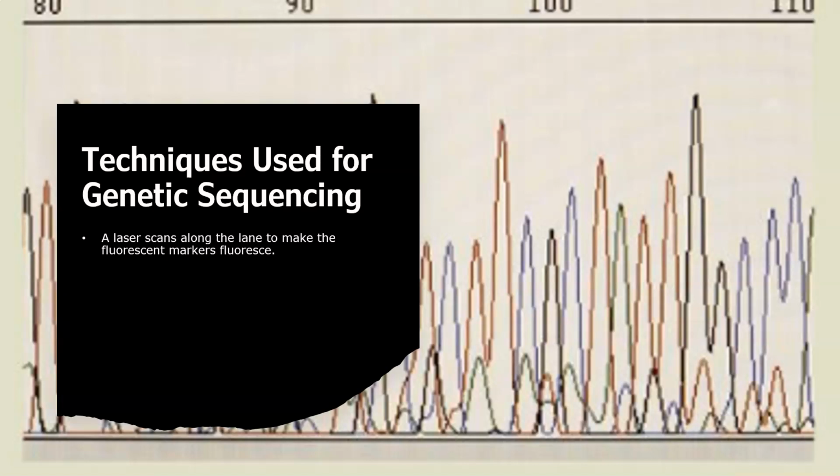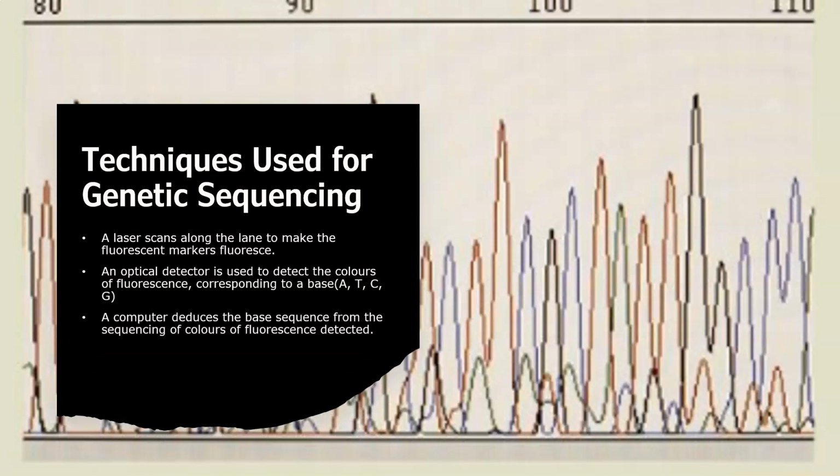A laser then scans along the lane to make the markers fluoresce, so make those markers stand out. An optical detector is used to detect the colours of the fluorescence according to the base. So it's now going to pick up which bases are present and in which amounts. A computer then deduces the base sequence from the sequencing of colours, because now you've got these different colours for each base, so you can actually pick up that sequence.